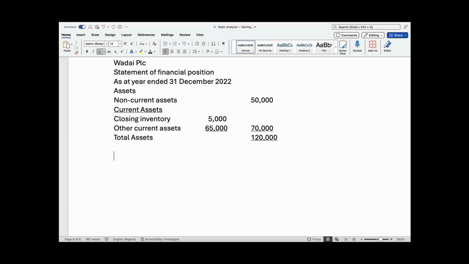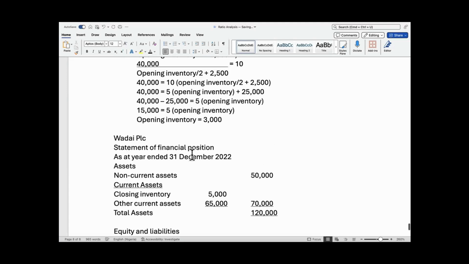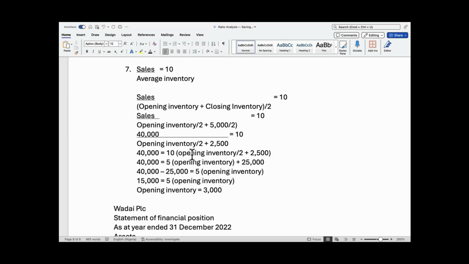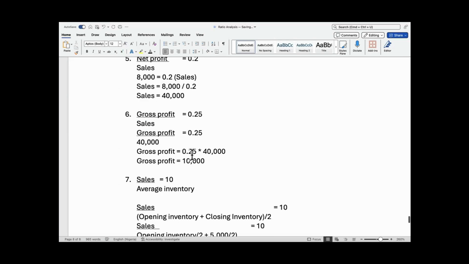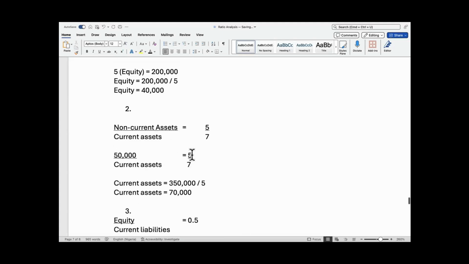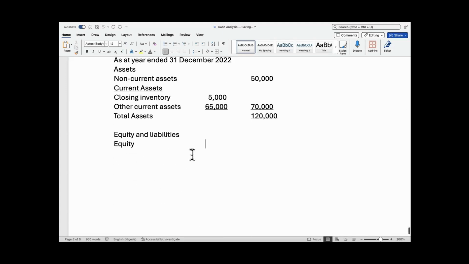Then my equity and liabilities. First, I start with my equity. I was given my equity as how much? I got it here as 40,000. We believe that this will be increased by net profits because if you're not paying dividend, all your net profits would be retained.